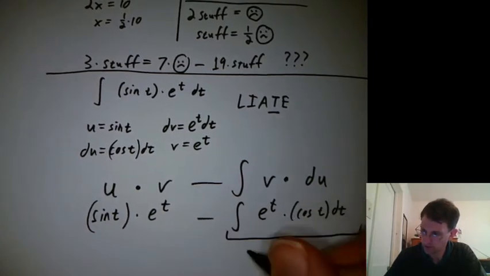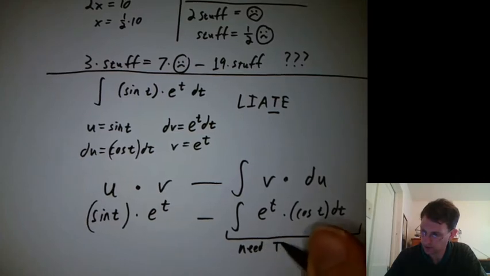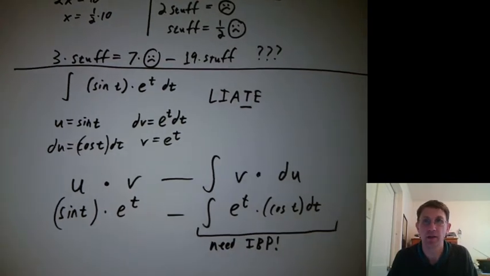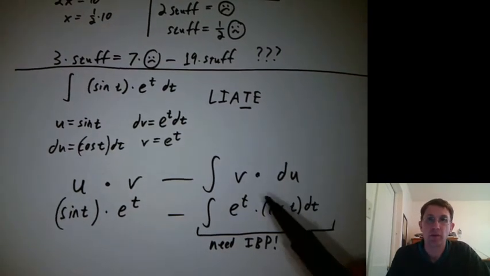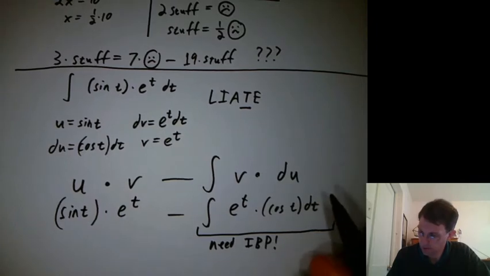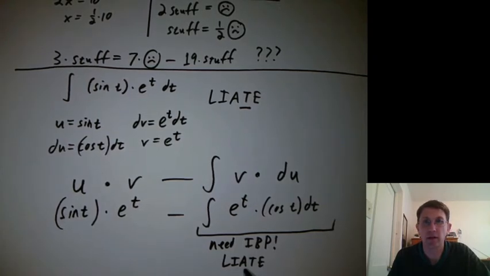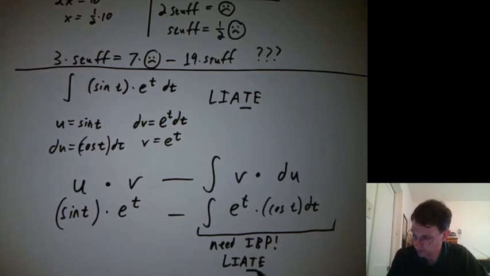So this is going to need integration by parts. And it's not one that we just did in a previous video, so we can't go copy the answer. So what are we going to do for the integration by parts there? Let's think through LIATE. Any logs? No. Inverse trig? No. Algebraic, like polynomials? No. We do have a trig function.